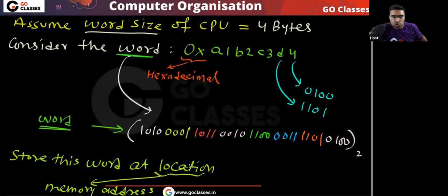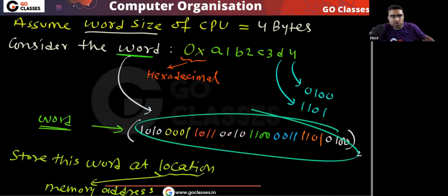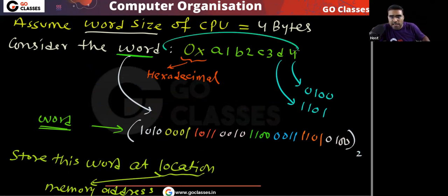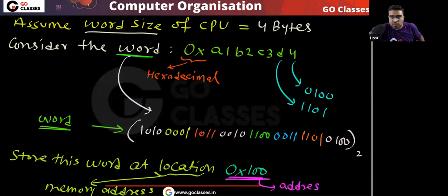So store this word, or the same word in the hexadecimal format, at location 0x100. This address also I have given you in the hexadecimal format. This is our address, and I want to store this word at this address.